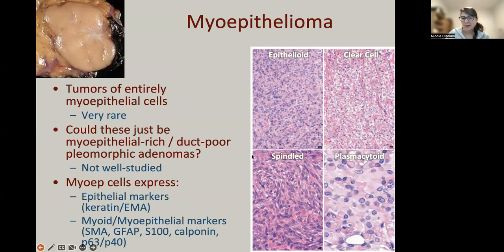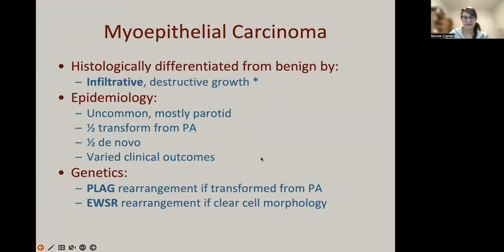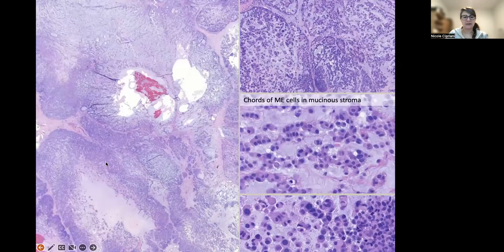That's my opinion, but there are some people that report pure myoepitheliomas of salivary gland. There are myoepithelial carcinomas, which are distinguished, of course, by their infiltrative growth. They can transform from pleomorphic adenoma or arise de novo, and they often look as follows, with large nests with central necrosis, with these cords of myoepithelial cells that are quite plump within this mucinous stroma.